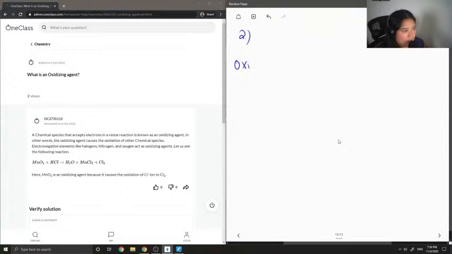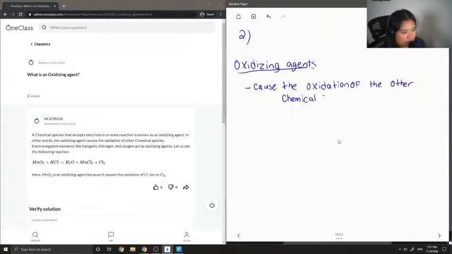So basically, oxidizing agents cause the oxidation of the other chemical species.